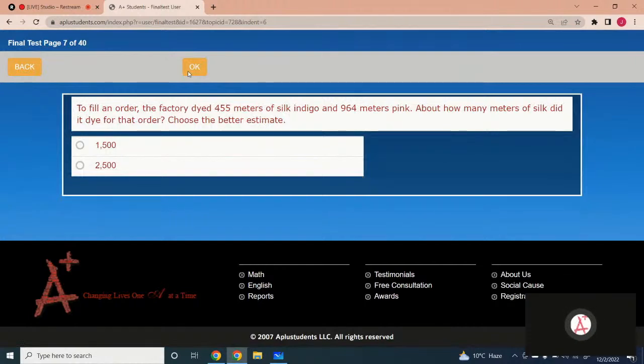Okay, to fill an order, the factory dyed 455 meters of indigo silk and 964 meters of pink. About how many meters of silk did it dye for that order? Choose the better estimate. So basically, you have to add them. So which is the correct option, 1500 or 2500?